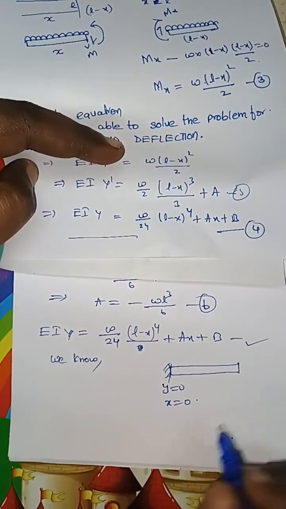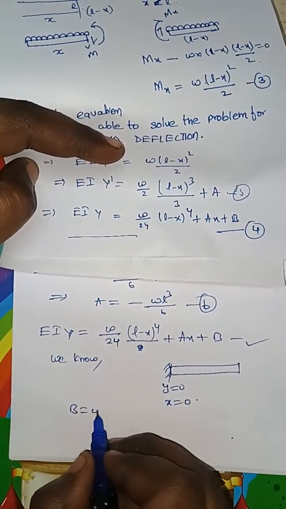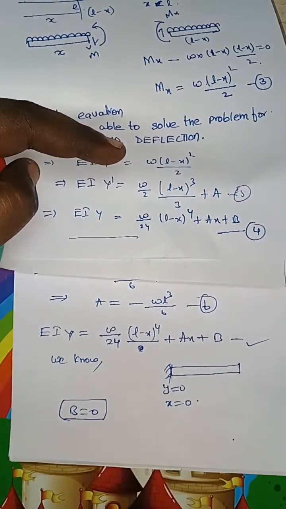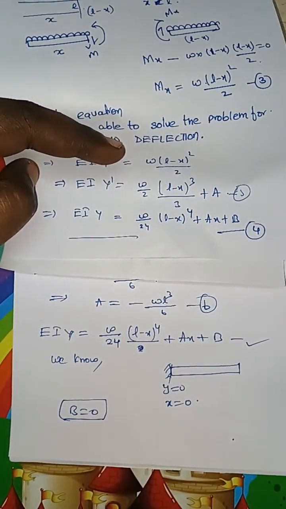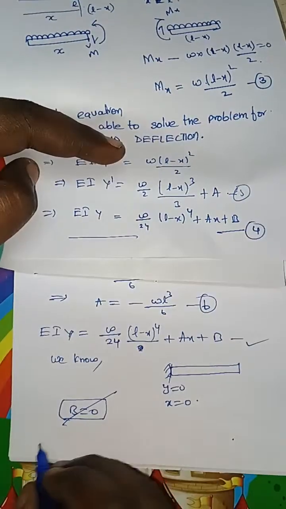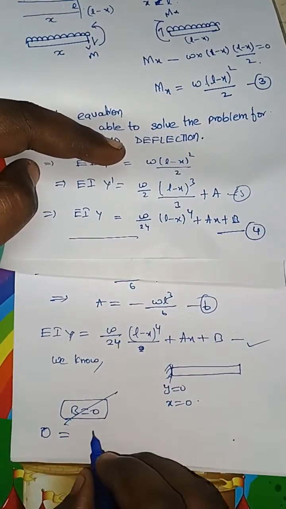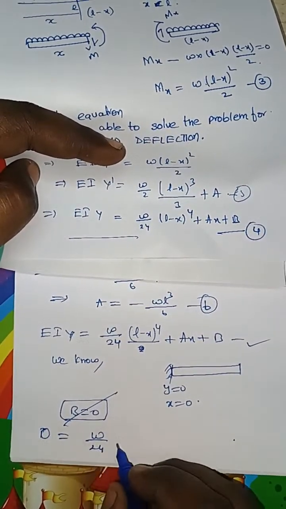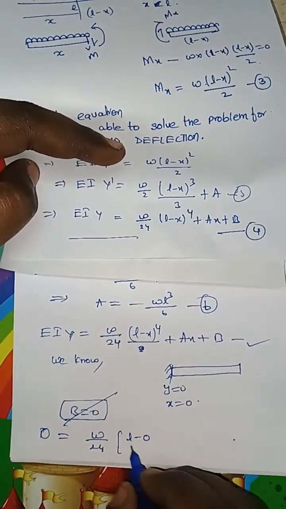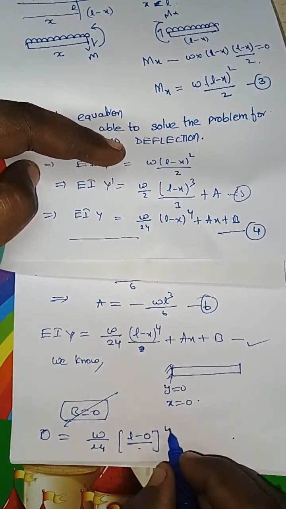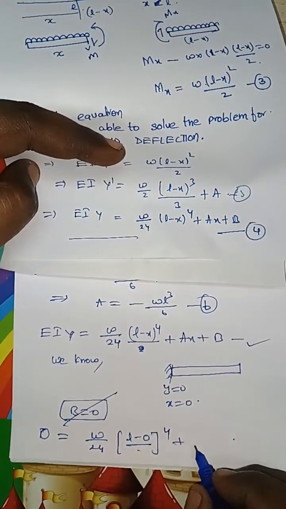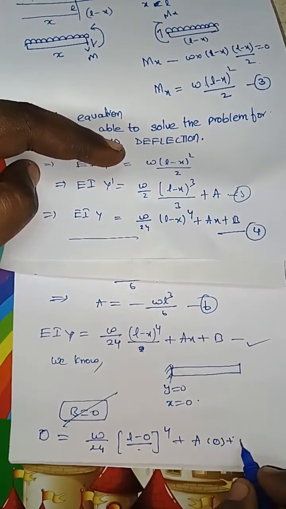By using this boundary condition we get B, substituting w by 24 (L minus 0) power 4 plus A into 0 plus B.